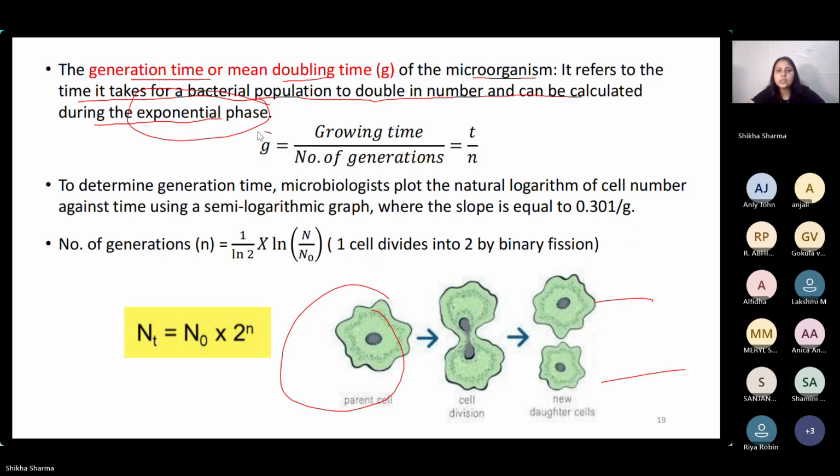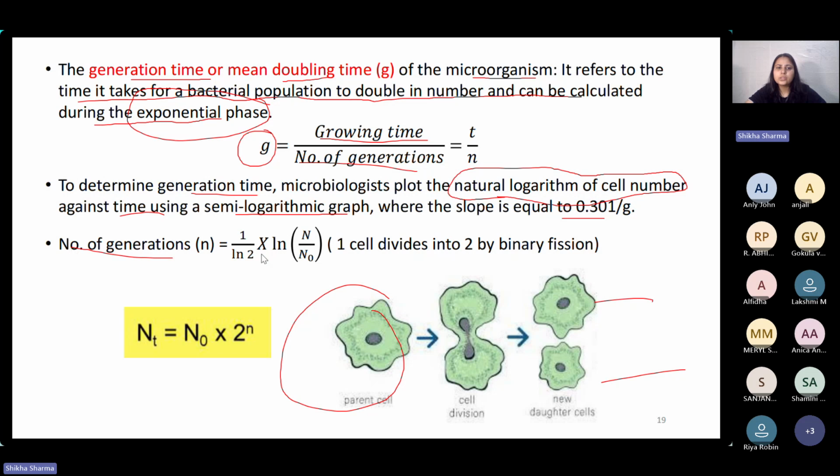So G, the mean doubling time or generation time, equals the growing time t divided by n, the number of generations. To determine the generation time, microbiologists plot the natural logarithm of cell number against time using a semi-log graph, where the slope is 0.301 per gram.